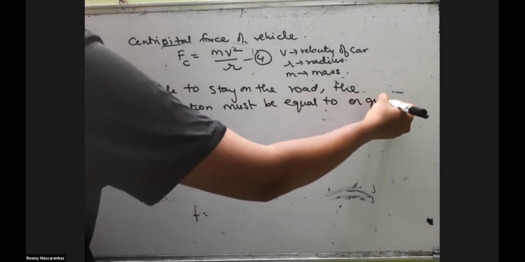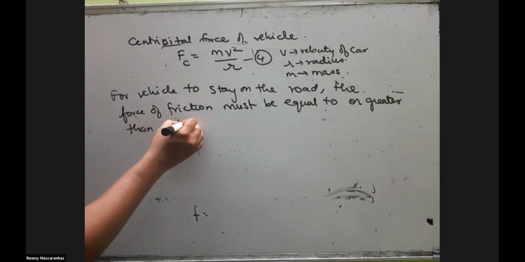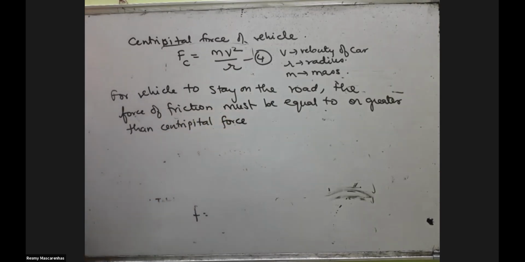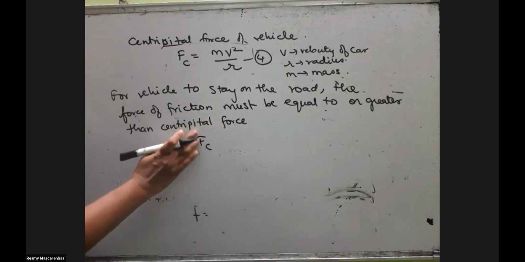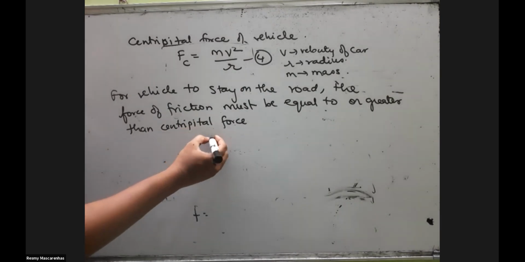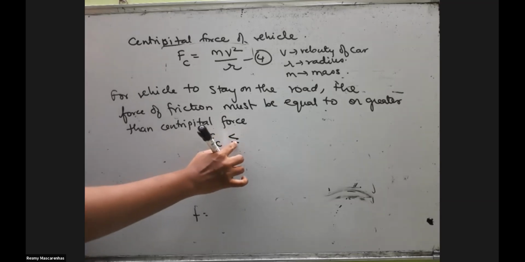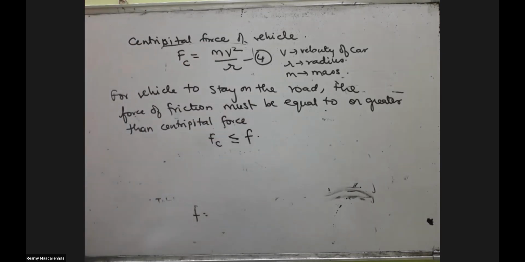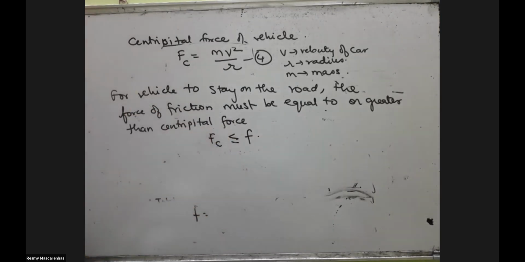So Fc should be less than the frictional force. You can read the other way around also. This means what? Centripetal force should be smaller than or equal to the force of friction.